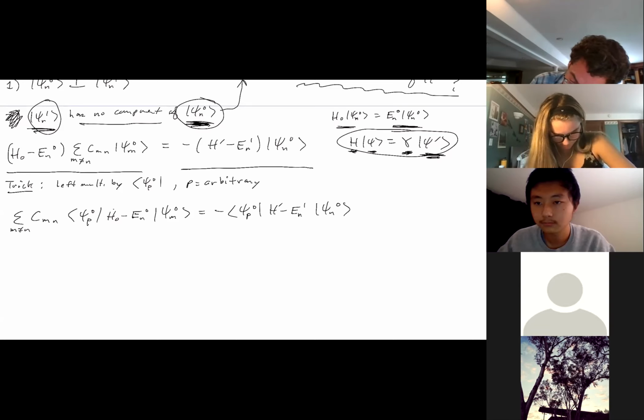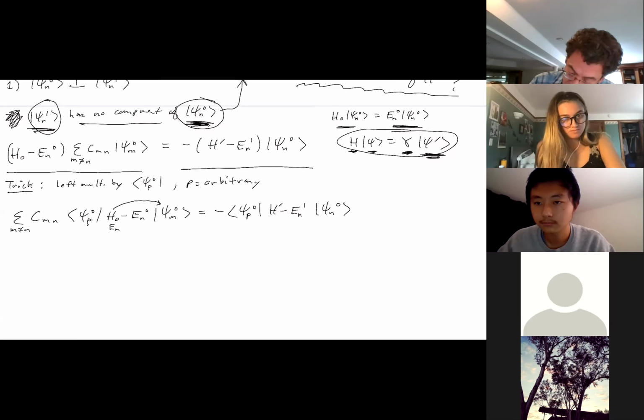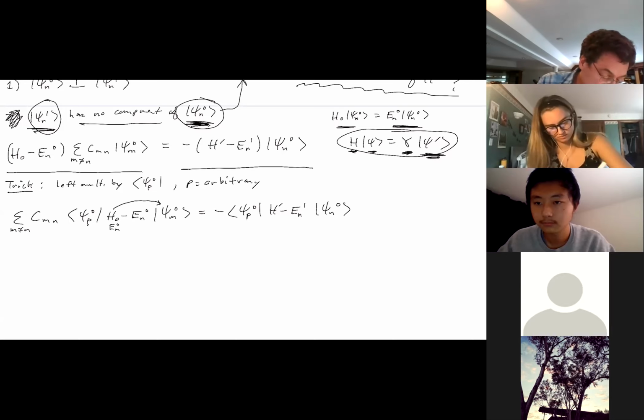Now, when H naught hits this guy, what is he going to turn into? Somebody tell me. em naught. That's exactly right. He'll turn into em naught. And so that's quite useful.